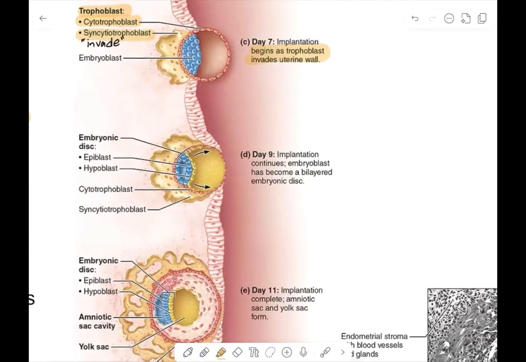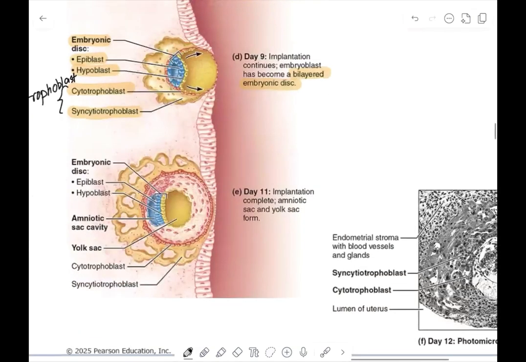The embryoblast has become a bilayered embryonic disc, which you can see here, epiblast and hypoblast. We still see the syncytiotrophoblast and the cytotrophoblast, which were derived from the trophoblast, which we'll also talk about on the next slide. At 11, the implantation should be complete.